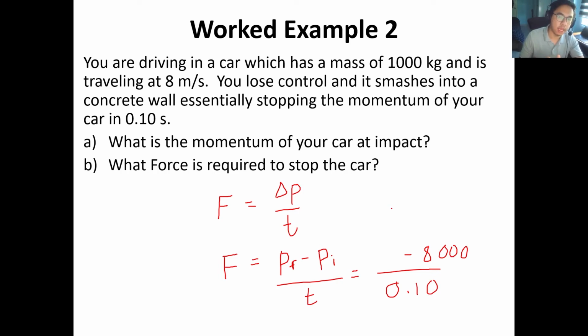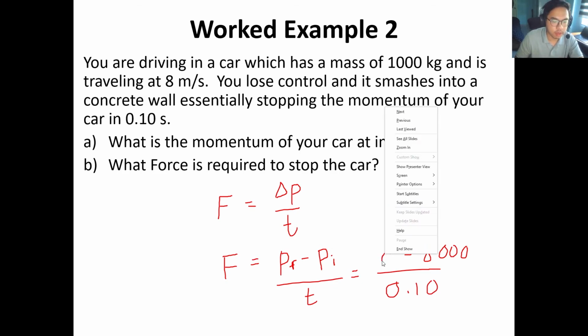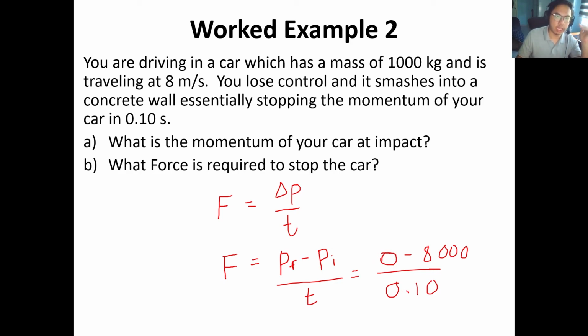The car stopped, and that means it doesn't have any motion, and that means the momentum is 0. Whenever an object is not moving, it has a momentum of 0. So that's the final momentum of the car. So before it has 8,000, but then it hits the wall, and then the momentum becomes 0. So the force exerted by this car is minus 80,000.